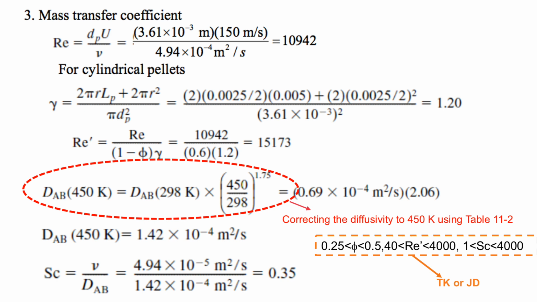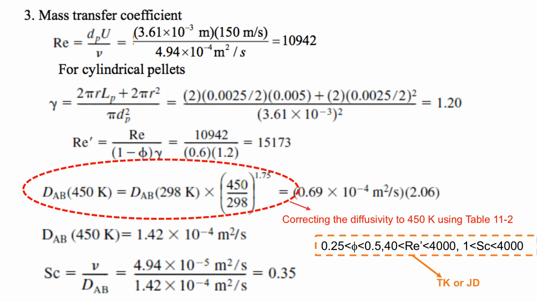As indicated by the equation, you can solve for gamma and also for Reynolds number. Reynolds number prime is only applied for Thoenes and Kramers, not in the Jacobian factor, right?